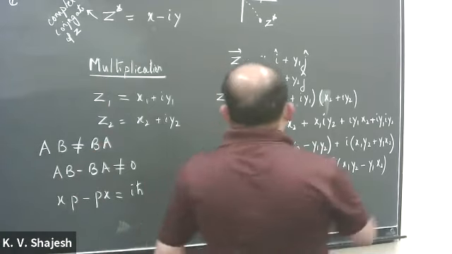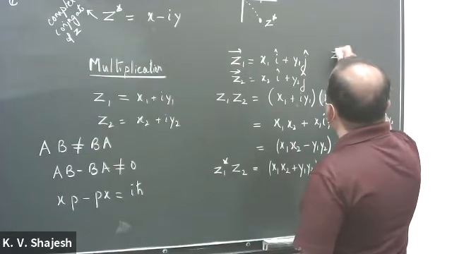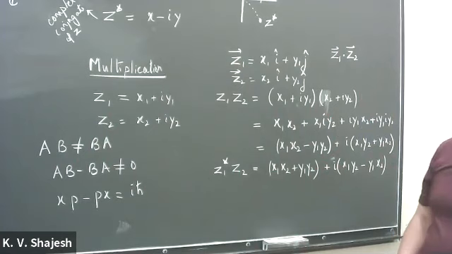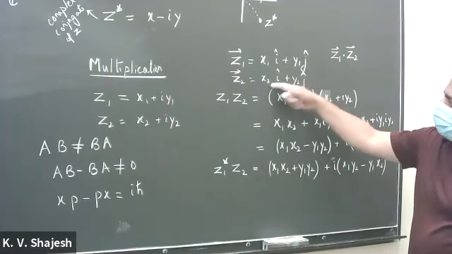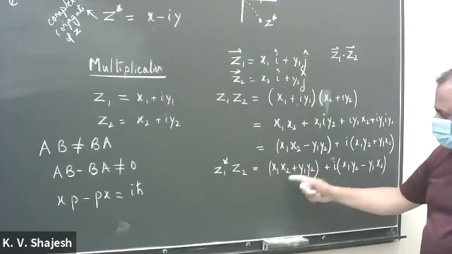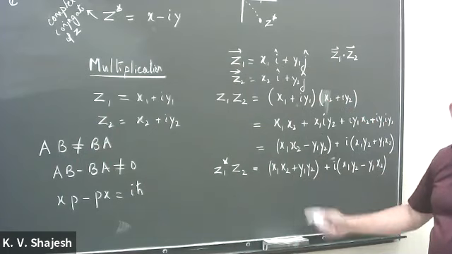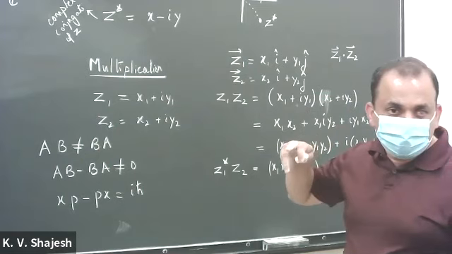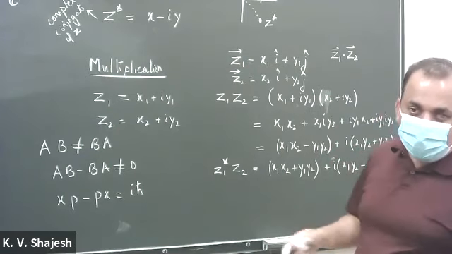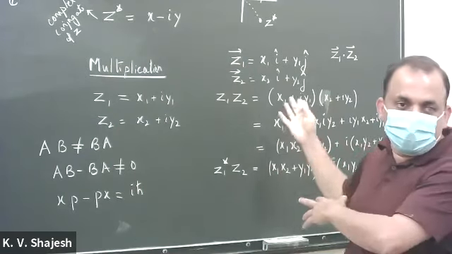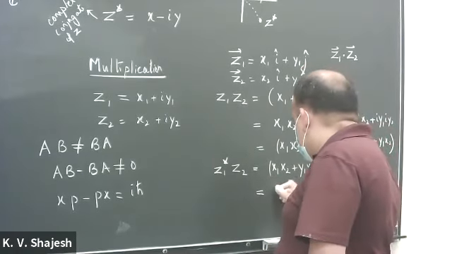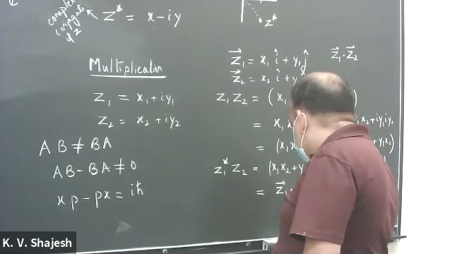What is Z1 dotted with Z2? That's x1 x2 plus y1 y2. That's exactly this. So the real part of complex numbers, if visualized as the corresponding vectors, is actually Z1 dotted with Z2. Is that clear?